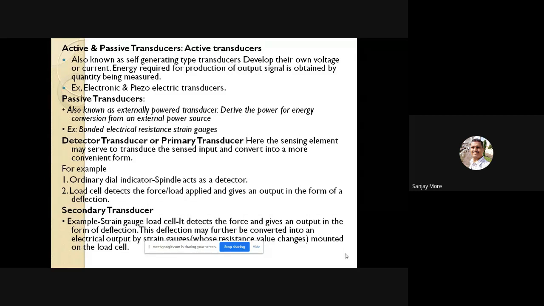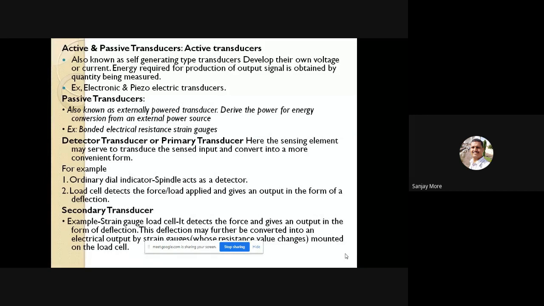Active transducer is also known as a self-generating type transducer; it develops its own voltage or current. Energy required for the production of output signal is obtained from the quantity being measured. For example, electronic and piezoelectric transducers.